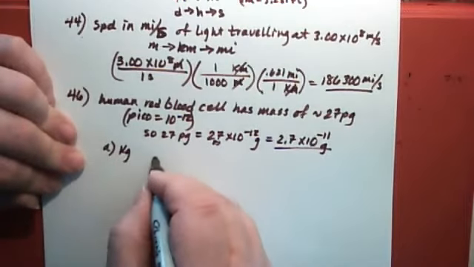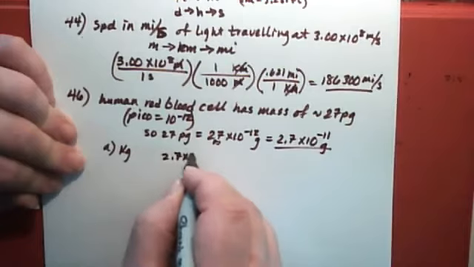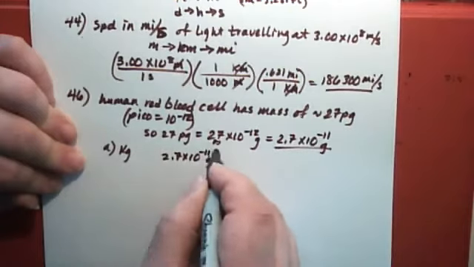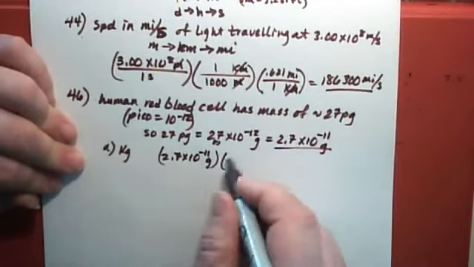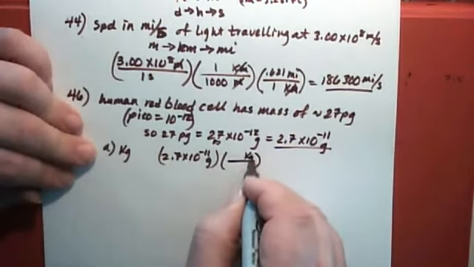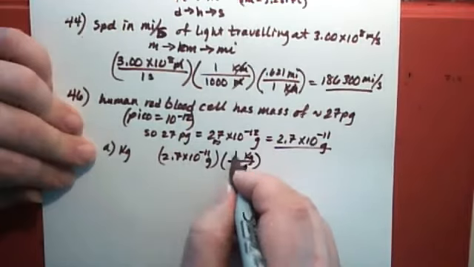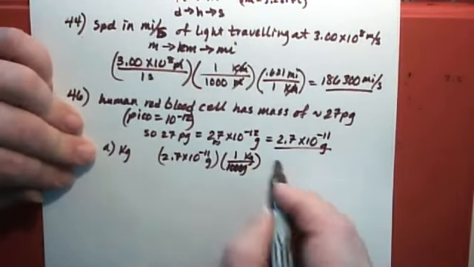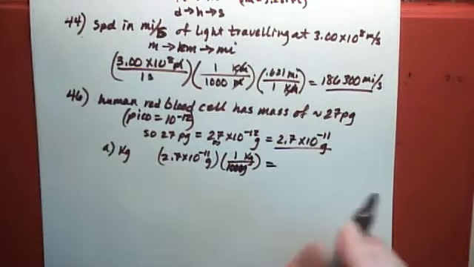Okay, so if we have 2.7 times 10 to the minus 11 grams for the mass, then kilograms will just be dividing by 1,000.